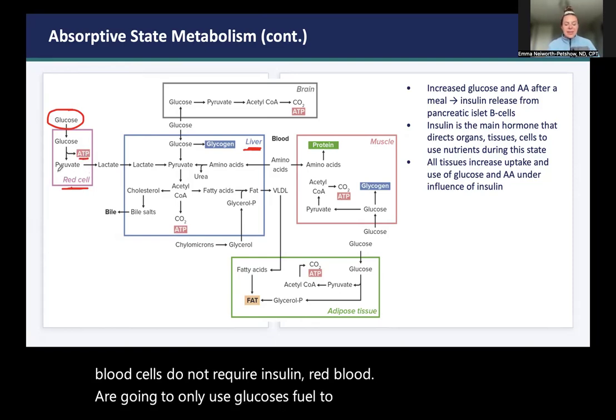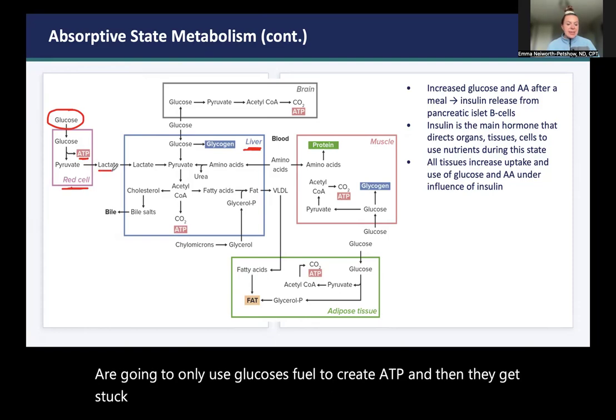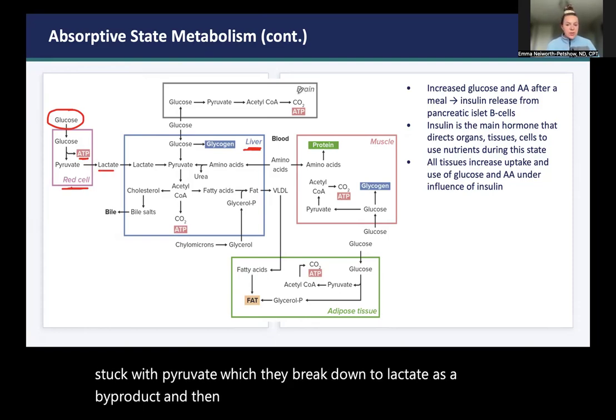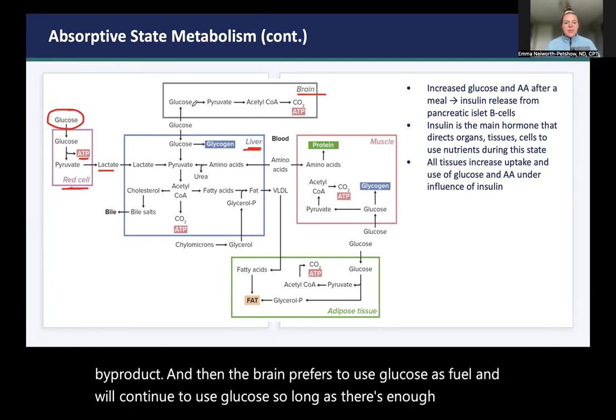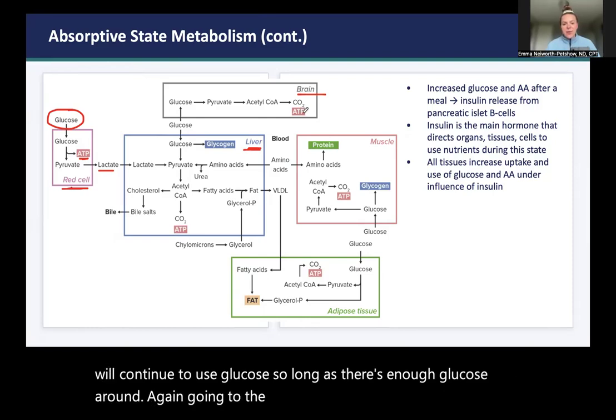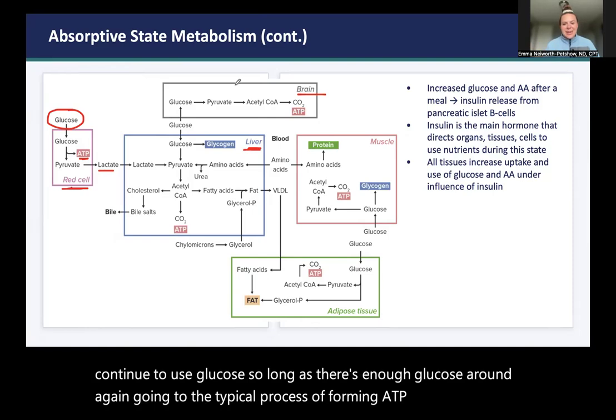Then they get stuck with pyruvate, which they break down to lactate as a byproduct. And then the brain prefers to use glucose as fuel and will continue to use glucose so long as there's enough glucose around, going through the typical process of forming ATP because all the machinery needed is in neurons to do so.